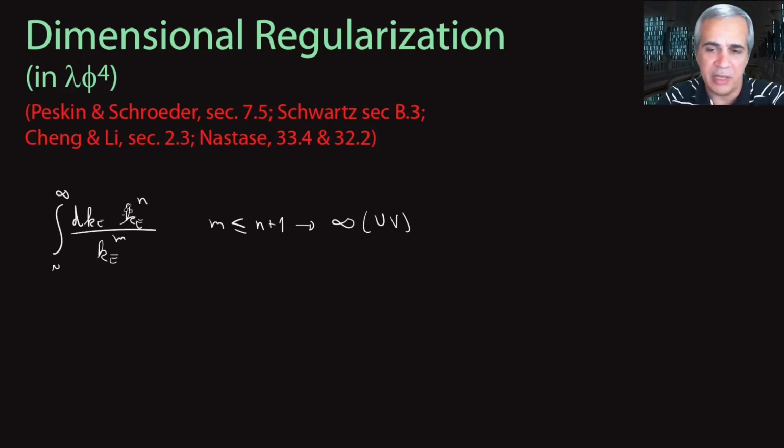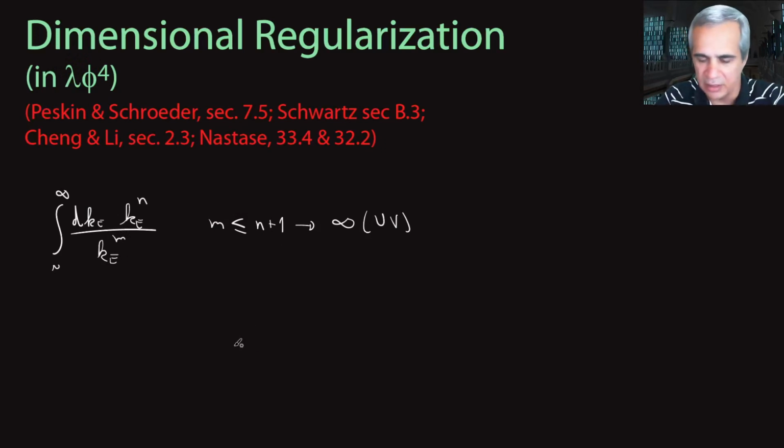You quite generally have some power of the momentum in the numerator and another power in the denominator, and you can see here that on the upper limit of the integral, so the ultraviolet of the theory, for very high momentum, you have the situation where if the power in the denominator is not big enough as compared to the one in the numerator, you get, in this case, if it's equal to n plus 1, a log divergence, and if m is even smaller than this limit, then you get higher and higher powers, right?